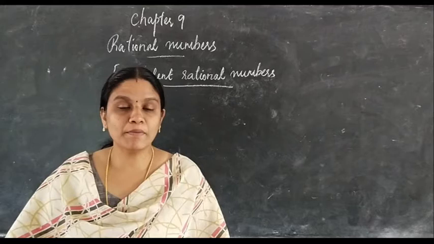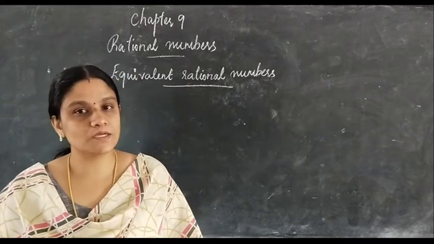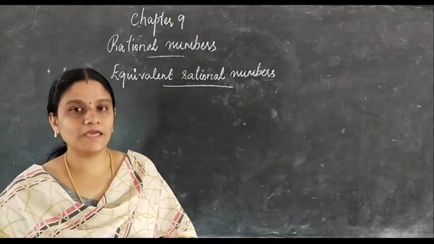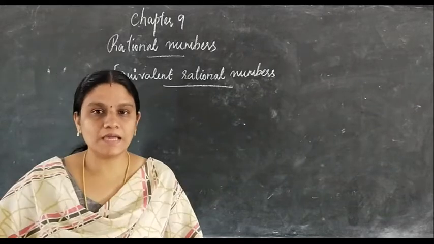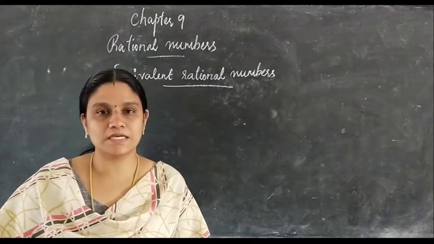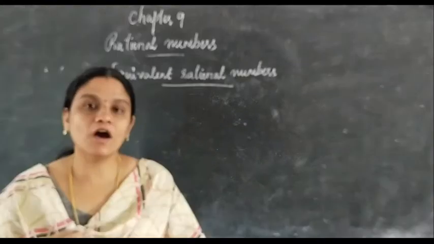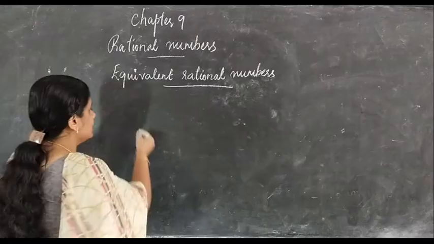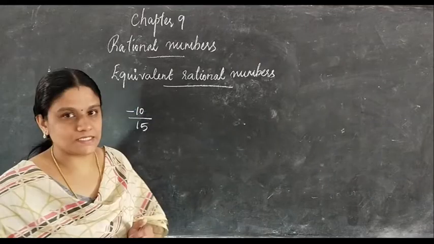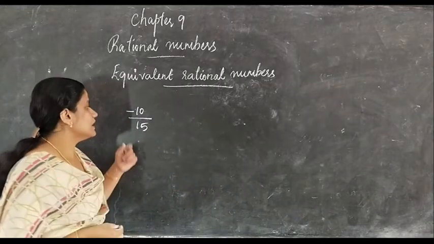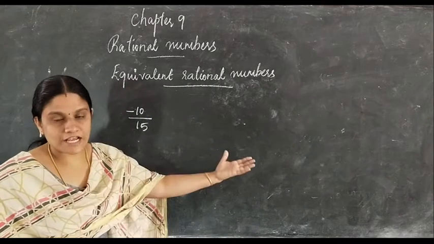Now we have seen how to find the equivalent rational number by multiplying by non-zero integers. The same way, if we divide the numerator and denominator with the same non-zero integer, you will get equivalent rational numbers. Either multiplication or division. If a question is given, negative 10 by 15, you have to get the equivalent rational number for this.